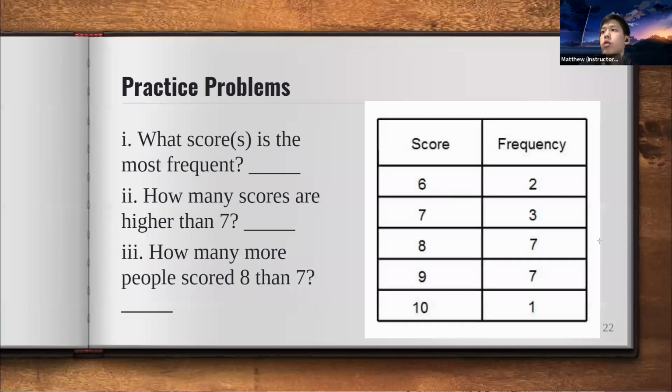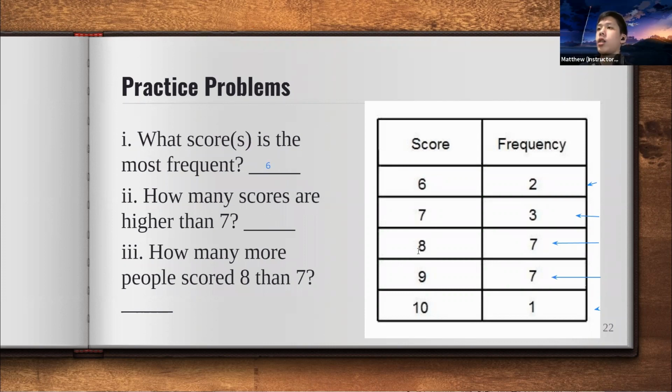The most frequent score is this one in number one, this one in number two, this one in number three, and this one last, because 7 is greater than 3, 3 is greater than 2, and 2 is greater than 1. So the answer would be 6 as the most frequent.